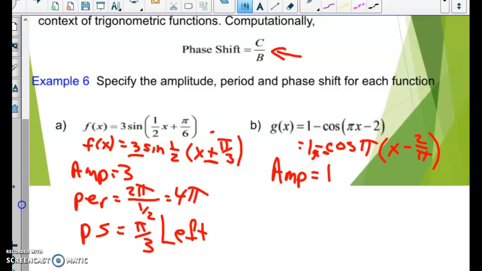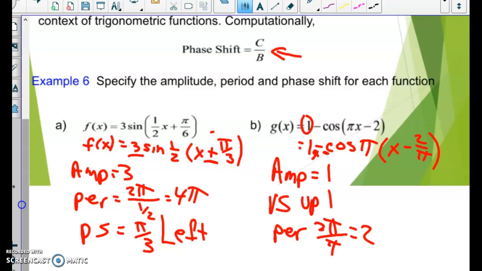We also know that we have a vertical shift. This guy here tells me I'm moving up 1 for my whole graph. So I basically get my graph and then move it up 1. My period is going to be 2 pi divided by pi, gives me a period of 2.